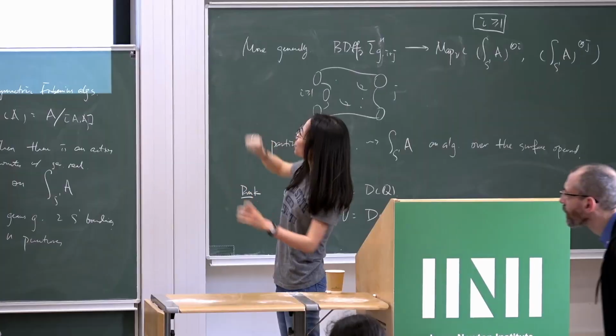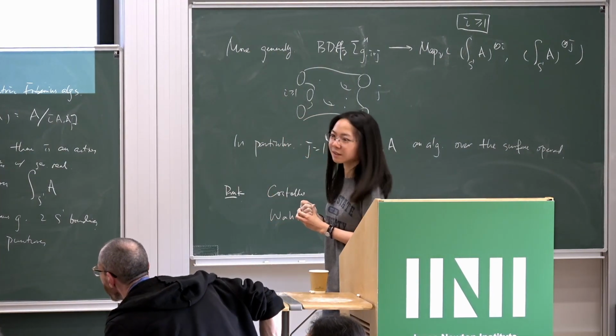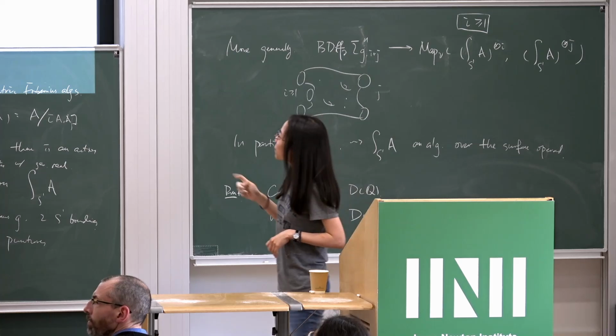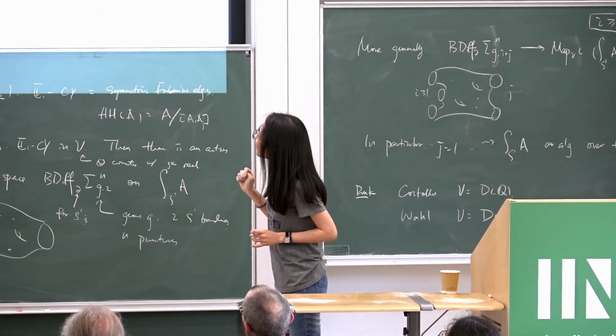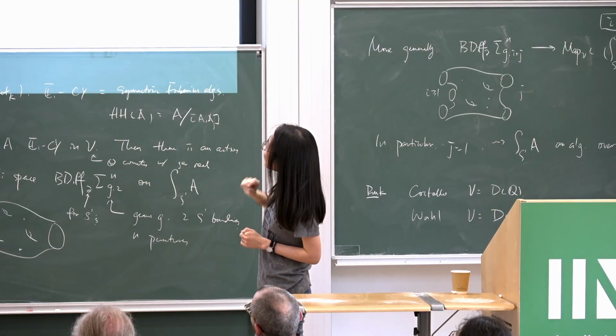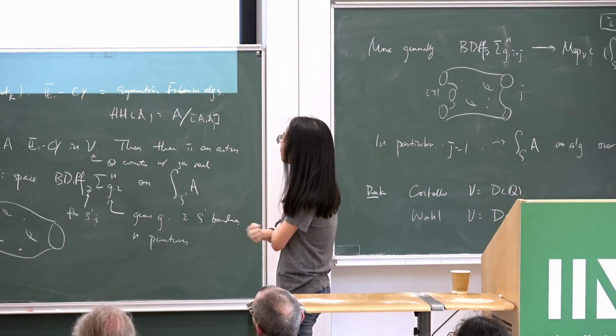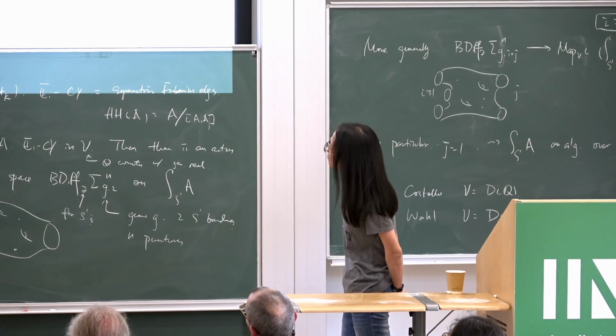So let me repeat, Bord2 partial has objects, disjoint unions of circles and intervals. And the morphisms are compact oriented surfaces with a little bit of corners. Okay, the color is not great, but I try to be consistent with the color scheme. So here the first bordism is from 2 copies of S1 to S1, so this actually lives inside the classical Bord2.